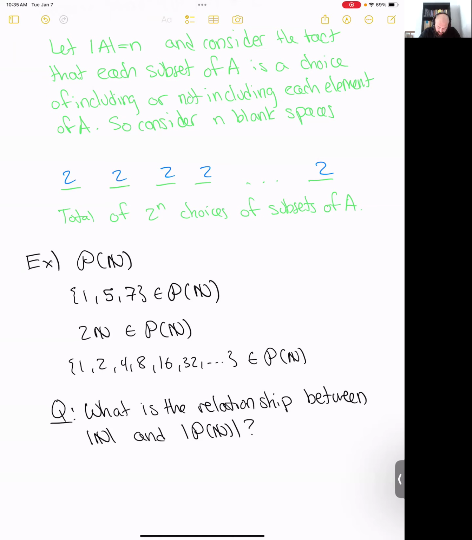That doesn't really work, or at least doesn't seem to work, for infinite sets. So we need to understand now what the relationship is. So for instance, the natural numbers are countable. Is the power set of the natural numbers countable? Is it uncountable? Can we say something about how big it is? That's what we're going to try to do in the next video.